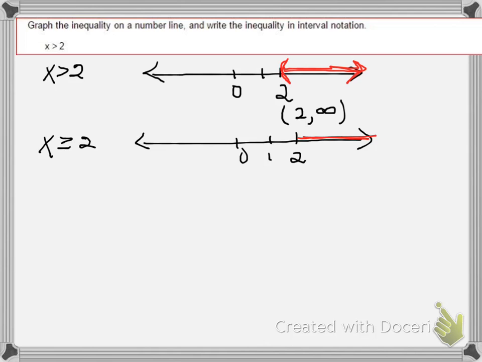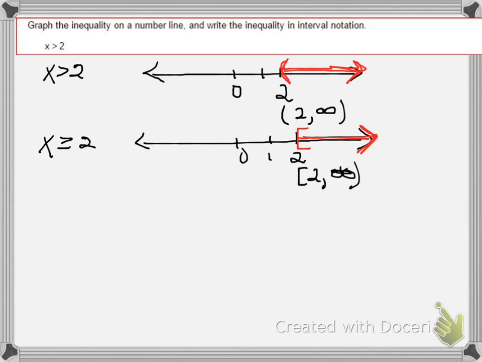All those numbers are larger, greater than 2. But at 2, since it's or equal, I have to include it, so we'll put a bracket. So now write your interval. Again, read left to right. You start with a bracket at 2, and you continue to infinity.